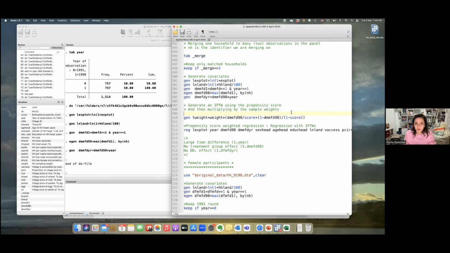Now what I am saying is that PSM controls for the observable characteristics and allows me to be sure that participants and non-participants have an equal likelihood of being selected given their characteristics. And diff and diff allows me to control for the unobservable characteristics.